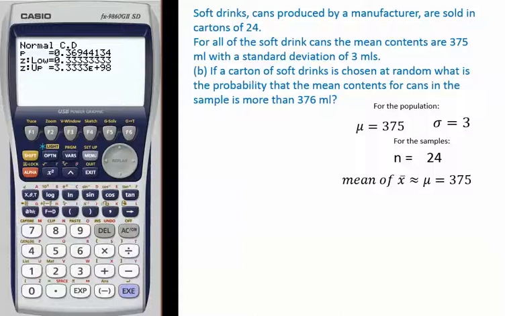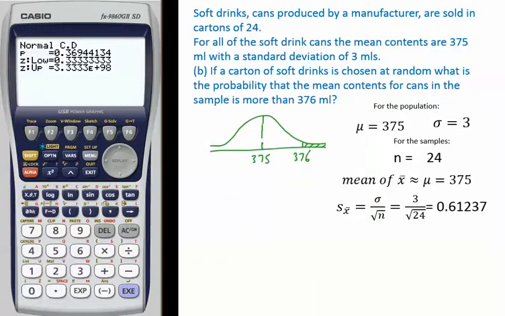That's what the central limit theorem tells us, so it's 375. Now the spread of the means, or the standard deviation of the means of the samples, is given by the formula sigma on root n. So in this case, it's 3 over root 24, which turns out to be 0.61237. The standard deviation of the means of samples of size 24 is 0.61237.